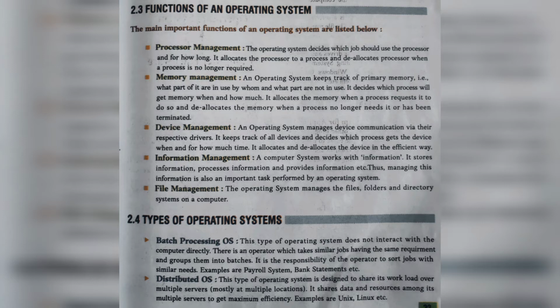Same as processor management, memory management means this is called RAM, or the C drive of a computer. When you are doing work in a process, for example editing, the editing will take up space.